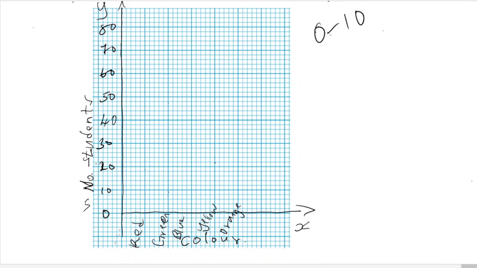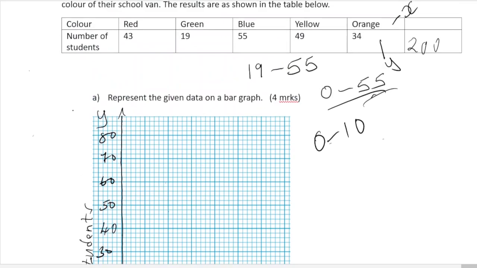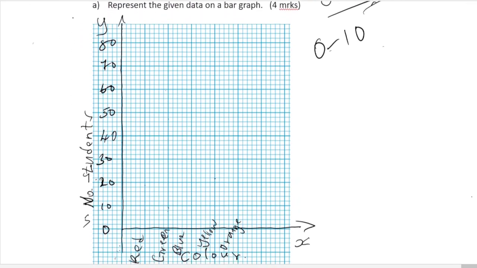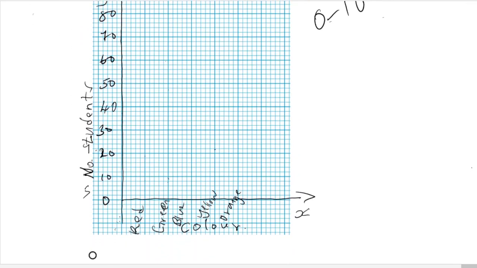We start with the first one, which is red, 43 students. Remember, this one big box contains 10 students. The difference here is 10, here is 10, and between 30 and 20 it is also 10. So one big box represents 10 students.